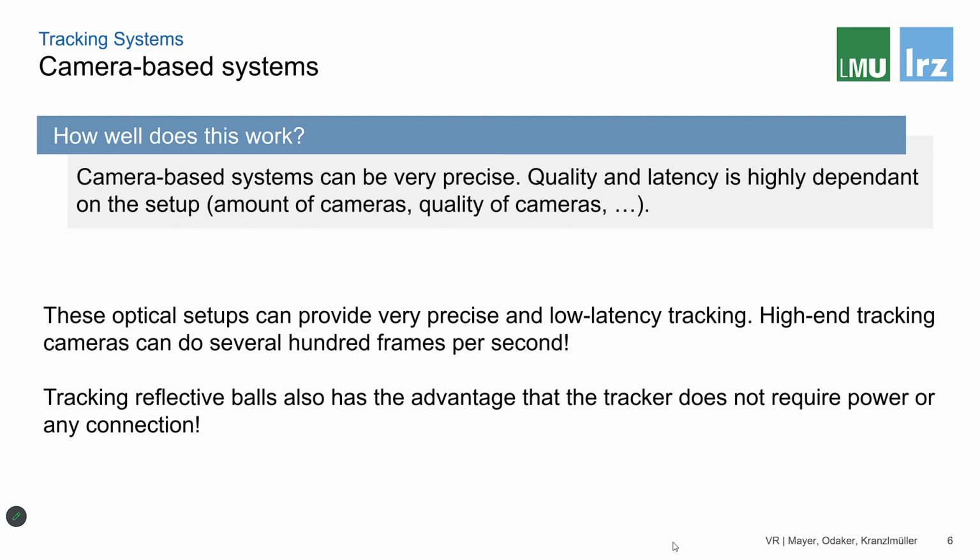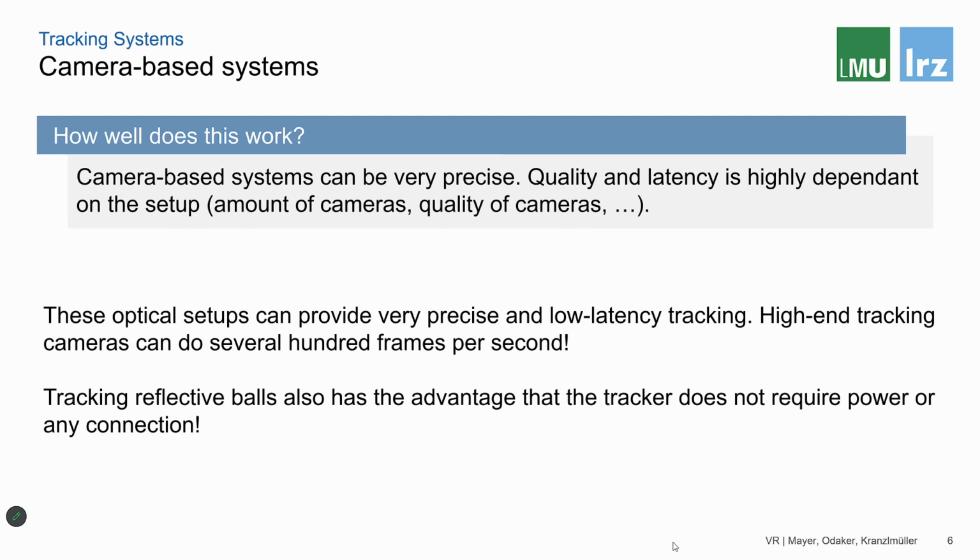But what you want is cameras with a lot of frames per second. So if you have a camera that just does 30 frames per second, then you only get tracking data 30 times per second, and that is really not much. For example, the cameras that we use for our cave, which is the R6 cameras, they go up to 180 images per second in normal resolution.